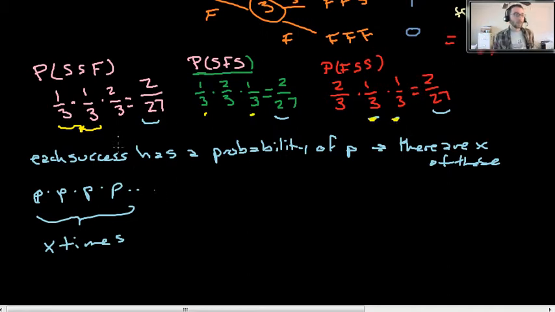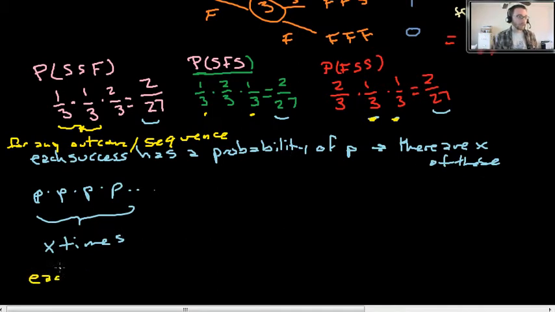And so every time we run one of these experiments, and we want to calculate a probability of a specific outcome, for any given outcome, by which I mean like a sequence, each success has a probability of P. There are X of these. How about failures?